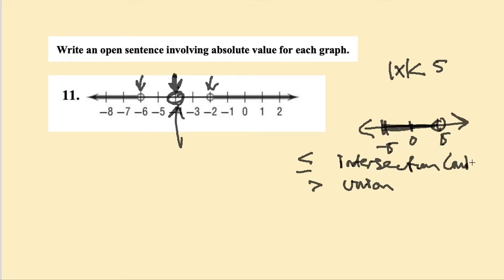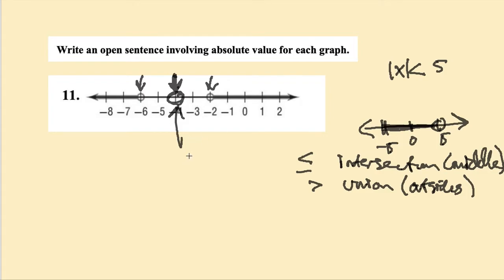The union means you're going to have things on the outsides, so two almost separate looking inequalities. According to this, it's probably going to be a union. So let's play around with this.